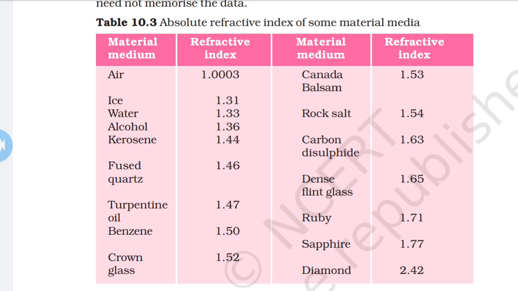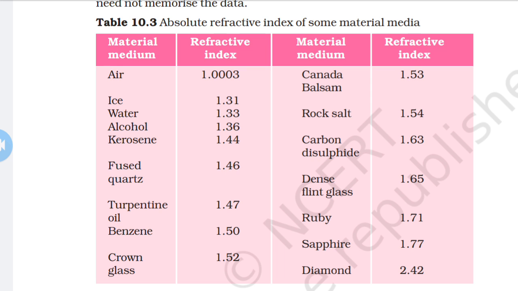Again, one type of question that arises is: what do you mean by optically denser medium and optically rarer medium? In comparing two media, the one with the higher refractive index is said to be optically denser than the other. The other medium of lower refractive index is said to be optically rarer than the first one.